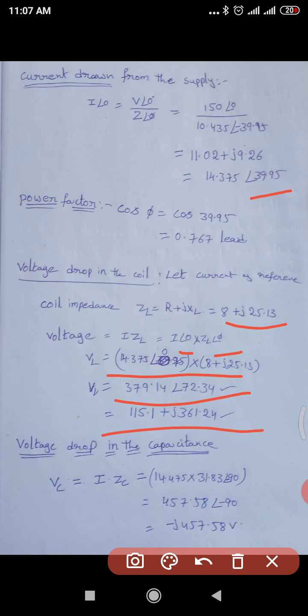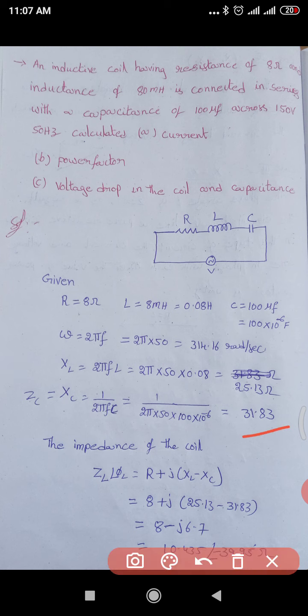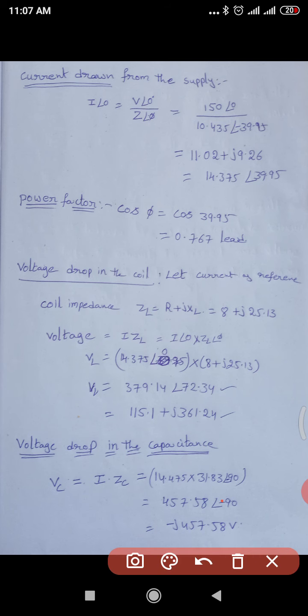So the same current flows through the capacitor also, and the impedance of the capacitor is ZC. Already we calculated ZC as 31.83. So finally we get 14.375 into 31.83 at an angle minus 90.